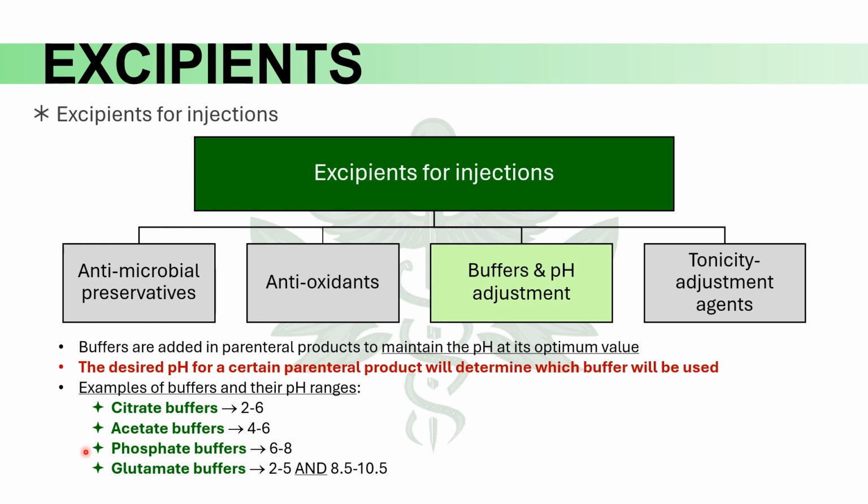If we want the pH to be more on the basic side, we can use phosphate buffers, which work best at the pH range 6 to 8. And if we want a buffer which can be used under acidic and basic conditions, we can use glutamate buffers, with an acidic pH range of 2 to 5 and a basic pH range of 8.5 to 10.5.